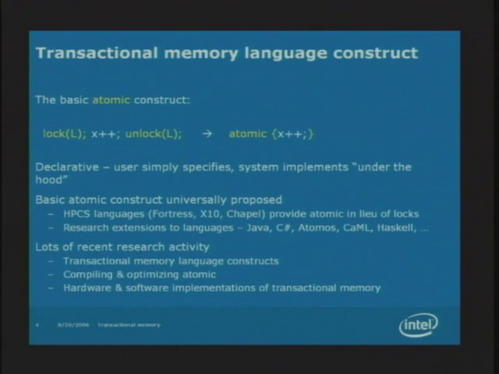There's a lot of responsibility now that's been delegated to the system. So there's also been a lot of research activity recently on what are some of the other constructs you can build around transactions. How do you do, for example, condition synchronization when you have a transaction construct rather than locks? Or how do you take an atomic construct and compile it down for efficient execution on today's architectures? Or what type of new hardware constructs do you need to support such a construct?